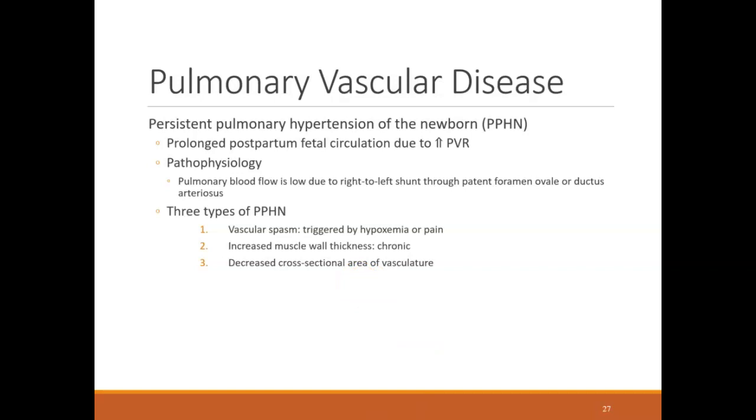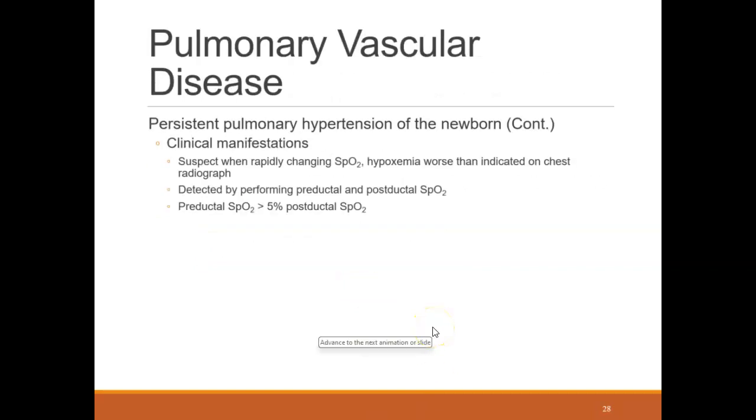So how does this present itself? Typically, PPHN is going to present with changes in the SpO2 because of hypoxemia. You're going to have a decrease in the pulse oximetry. To get a definitive diagnosis, they're going to request pre and post ductal SpO2s.